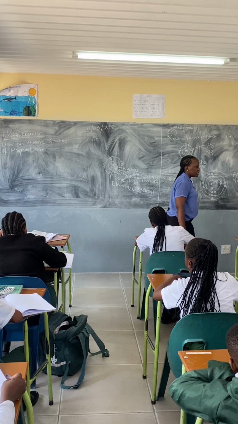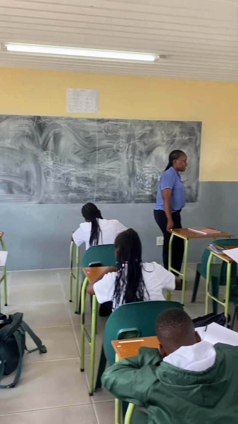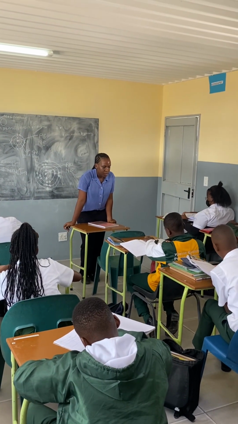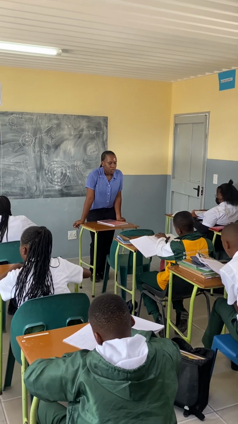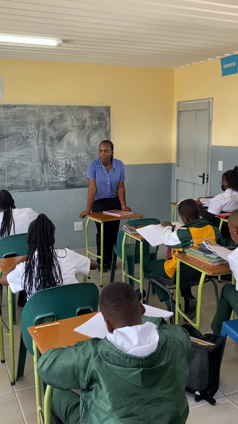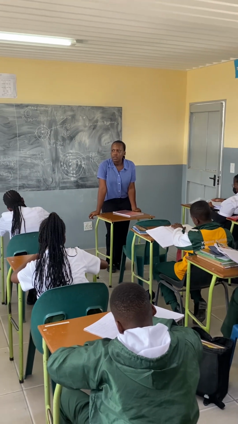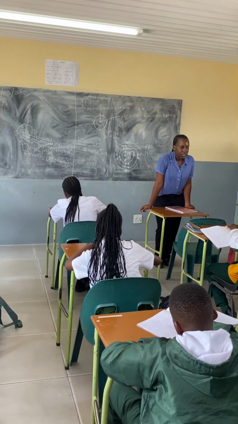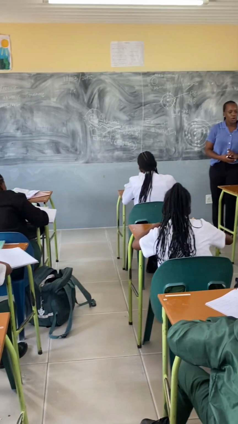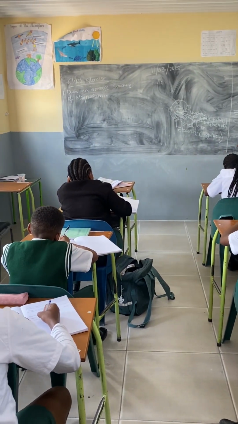Your periodic table is very much useful. It's the one that will guide you on how many protons you have and the mass number. You don't really focus on the mass number. You focus on the proton number, or what we call the atomic number. So let's quickly draw the atomic structure of magnesium.